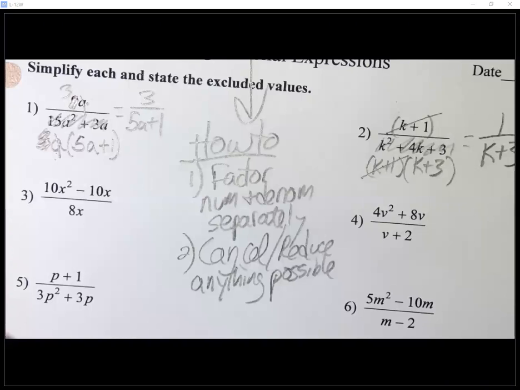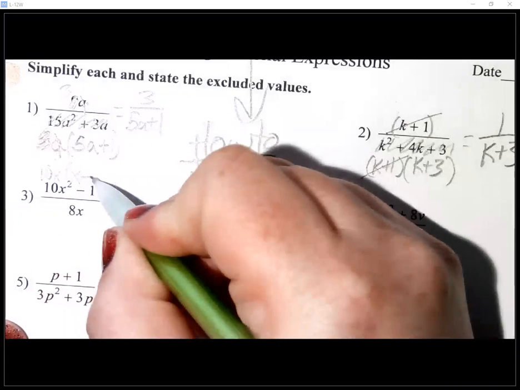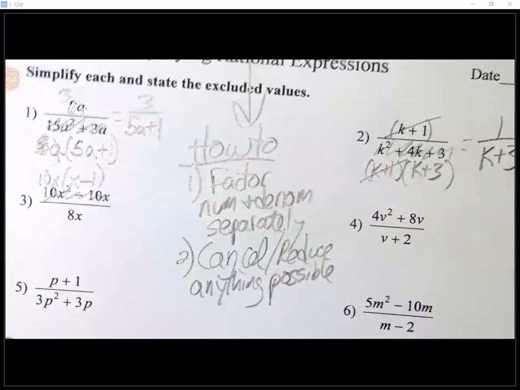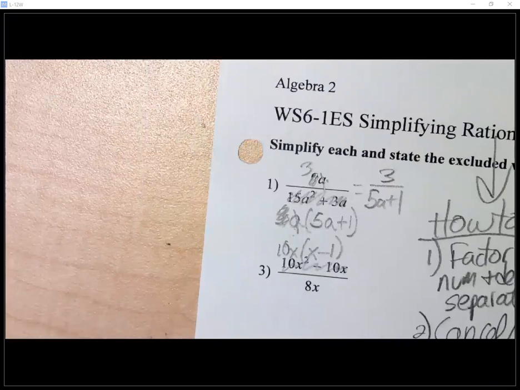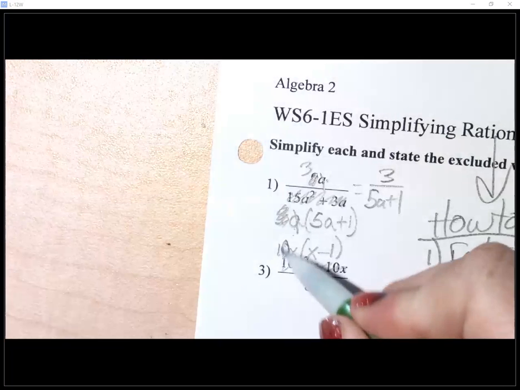Or what can you take out, I should say? 10x. So we'll take out 10x and I'll be left with x minus 1, right? Okay, so that one's done. Downstairs, there's nothing to factor. Hold on. There we go. Downstairs, there's nothing to factor. It's just an 8x. So is there anything that I could reduce?